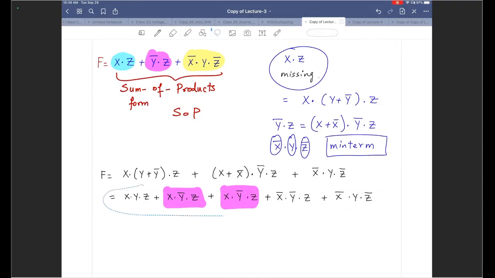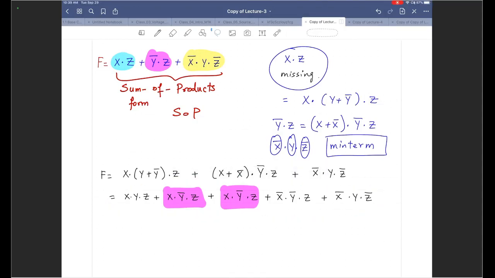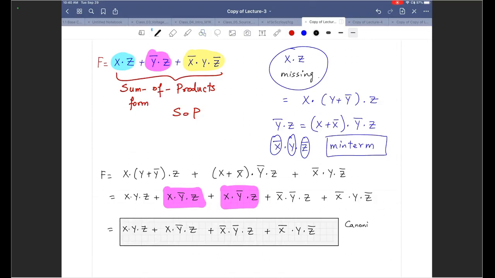I'm going to copy and paste, and then I'm simply going to eliminate this term because it's a duplicate. Now that is a canonical sum of products expression for F.